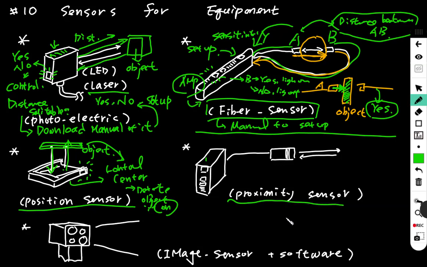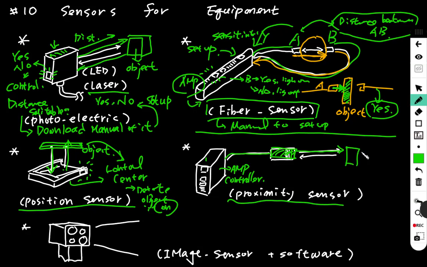Next, a proximity sensor. Also, it has the amplifier, or we call it the controller. Through a fiber, the controller sends a message to the sensor head, which ejects an optical signal.